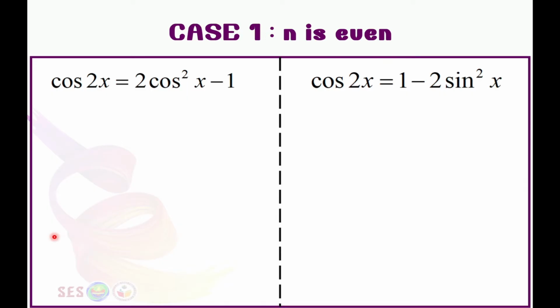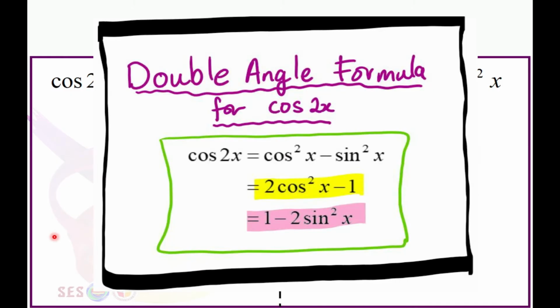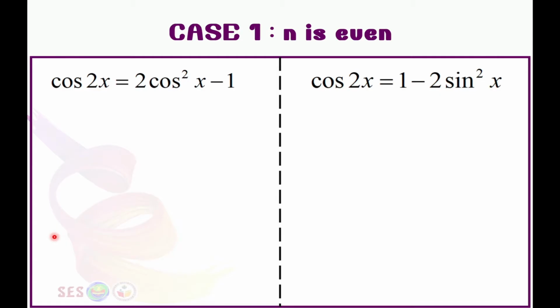Okay, so consider these two formulas, the double angle formulas for cos 2x. We have three formulas for cos 2x, but I'll just take two of them, where the first formula is cos 2x equals 2 cos square x minus 1, and the second formula is cos 2x equals 1 minus 2 sine square x. First I want to rearrange the equation so that I will be left with cos squared only on the left hand side. So I just switch sides: 2 cos square x minus 1 equals cos 2x.